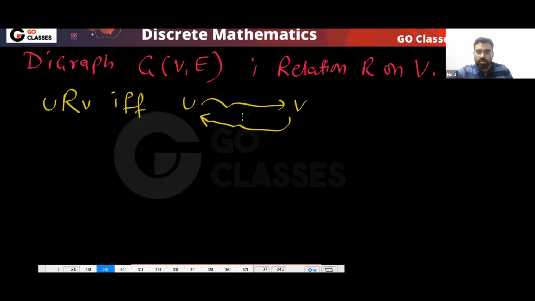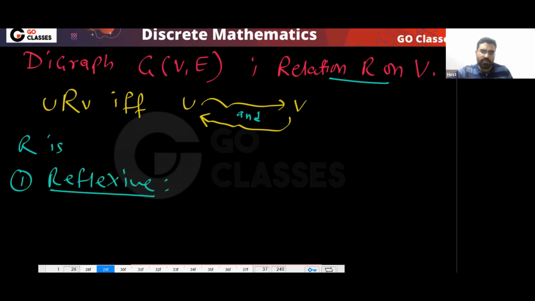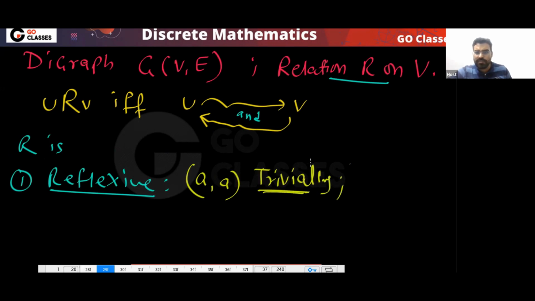Now you can notice this R is reflexive, because A is related to A trivially, with a path of length 0.